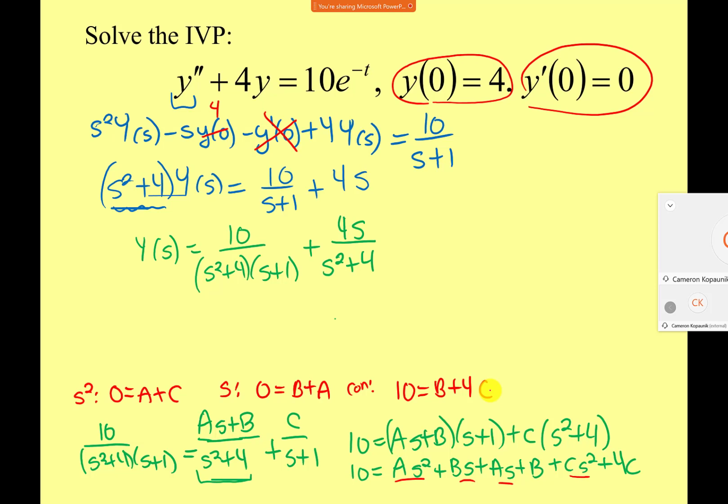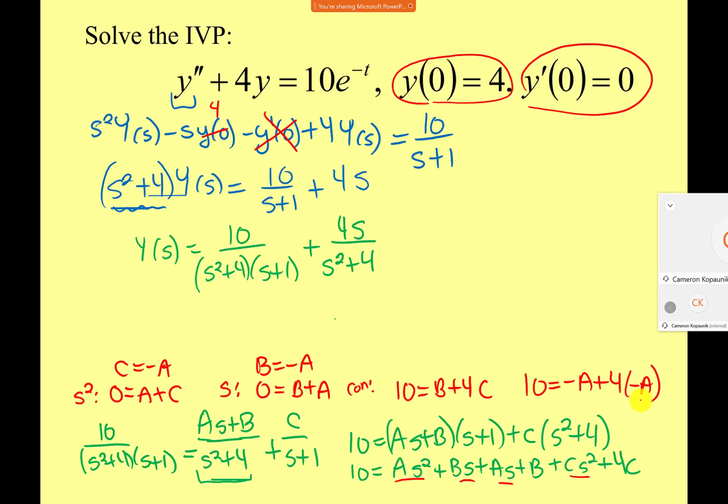There are a lot of ways to do it, but C is negative A and B is also negative A, so 10 equals negative A plus 4 times negative A. Okay, now I'm worried I messed something up because I don't think it's supposed to be a fraction.